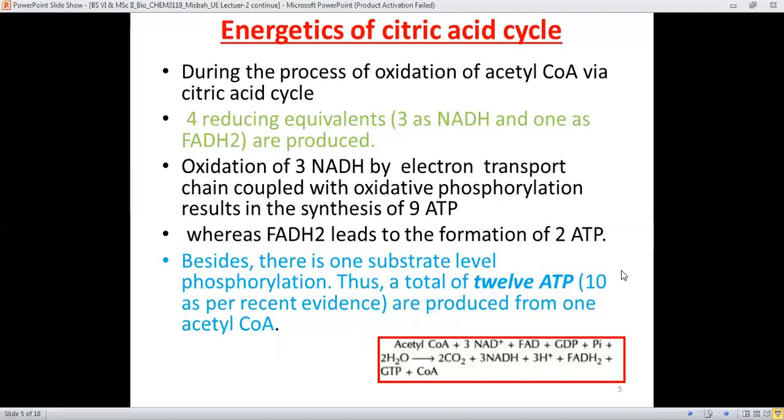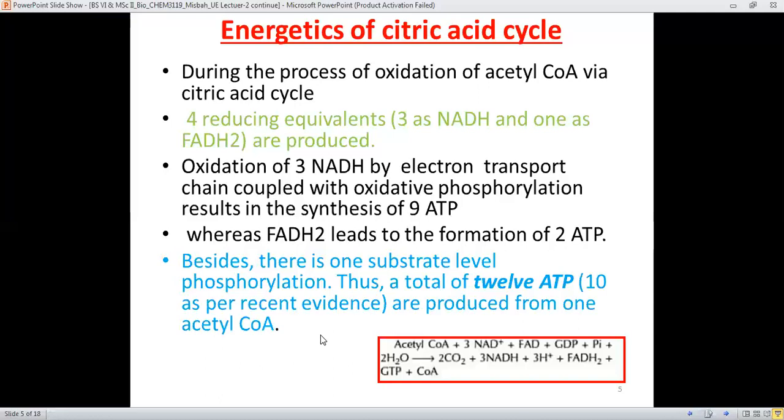We know that during the oxidation of acetyl CoA in the citric acid cycle, four reducing equivalents are produced, 3 NADH and 1 FADH2, and oxidation of each NADH generates 3 ATPs. Therefore, the 3 NADH need to be oxidized by the electron transport chain.